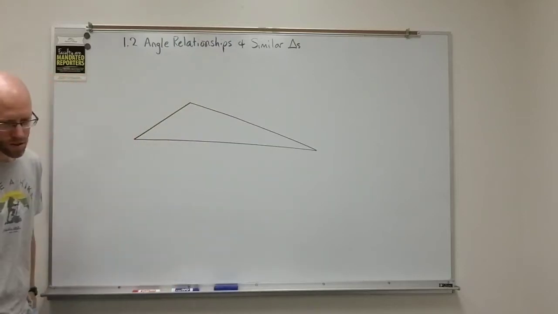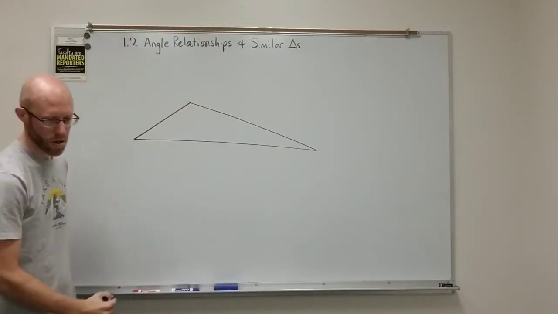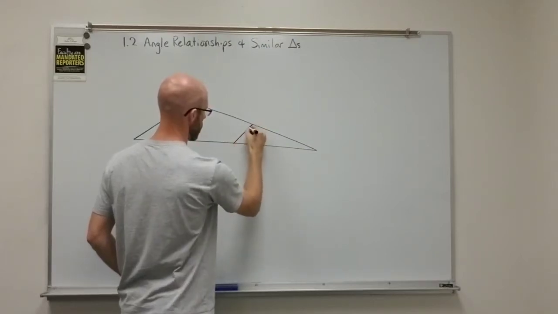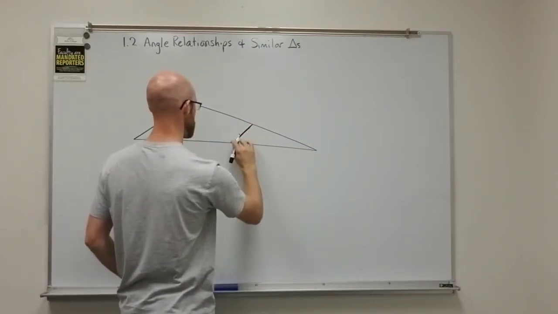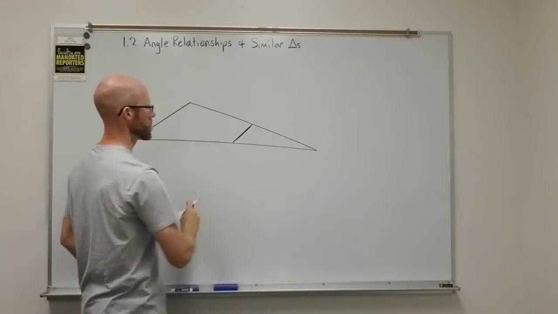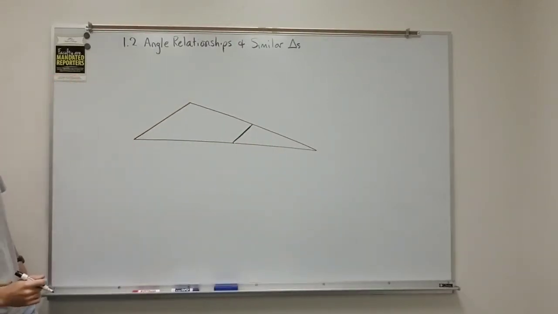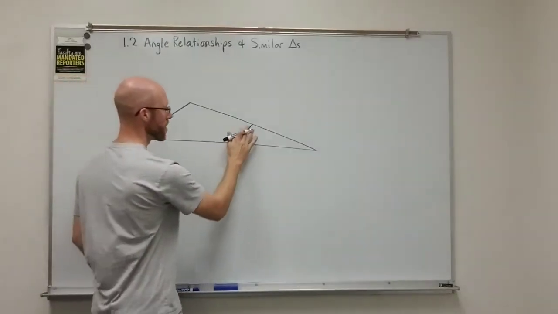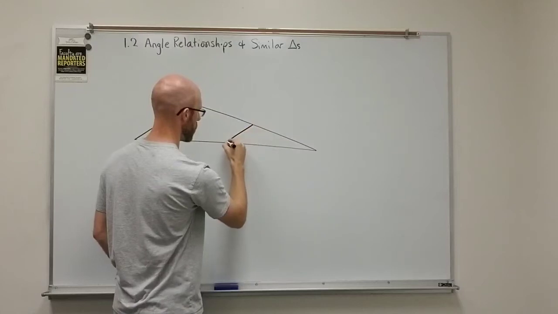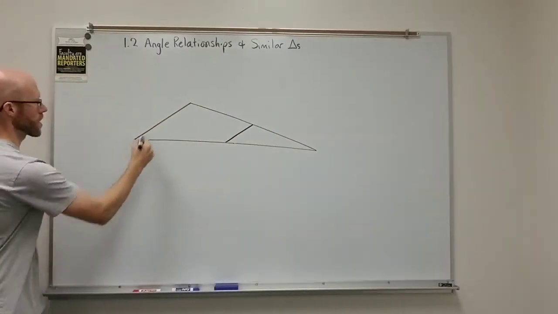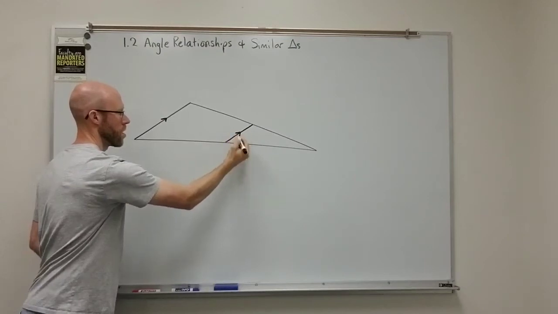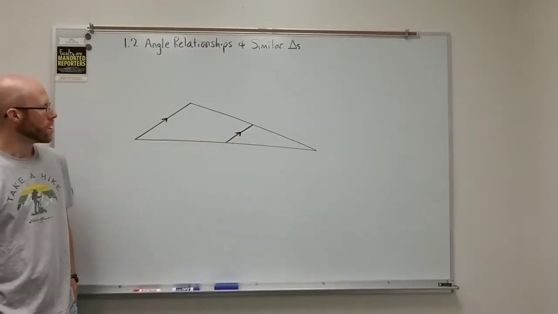Looks kind of like this, and it has another smaller triangle on the inside with a side that is parallel to one of the sides on the big triangle. I don't know that I drew that very parallel. Let's try that again. A little bit better. Okay, so these two sides are parallel to each other.